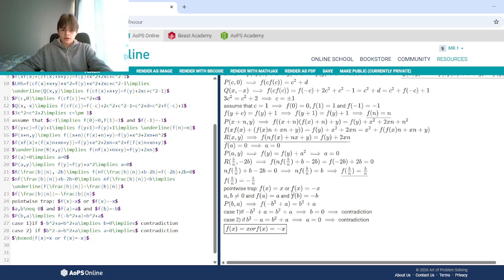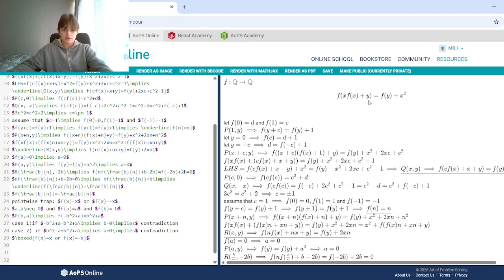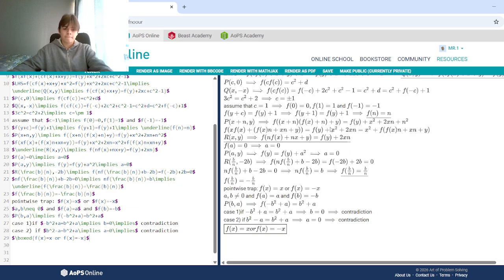Our final answer is f(x) is equal to x or f(x) is equal to minus x. And we can't have both at the same time, so we can't have f(a) equal to a and f(b) equal to minus b. f(x) is x always, or f(x) is minus x always.